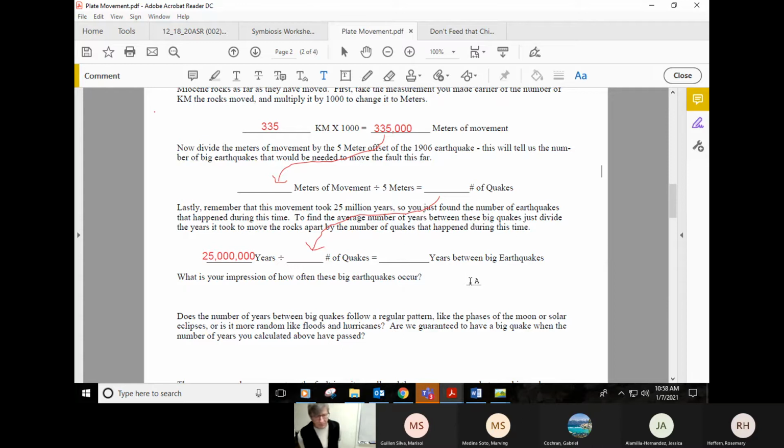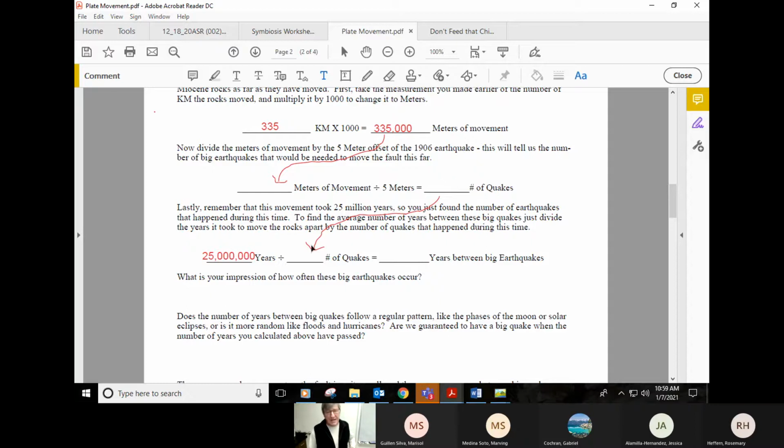We know that that one San Francisco earthquake moved the rocks by 5 meters. So how many earthquakes of that size would be required to move it 335 kilometers? That's what we figured out here, the number of earthquakes it would take, earthquakes that size, to move those rocks that far.